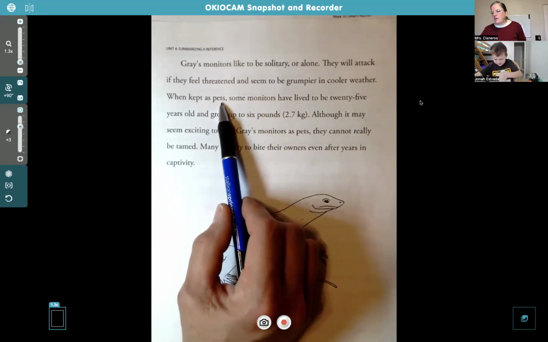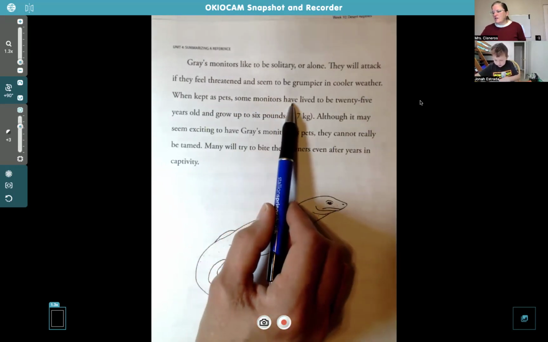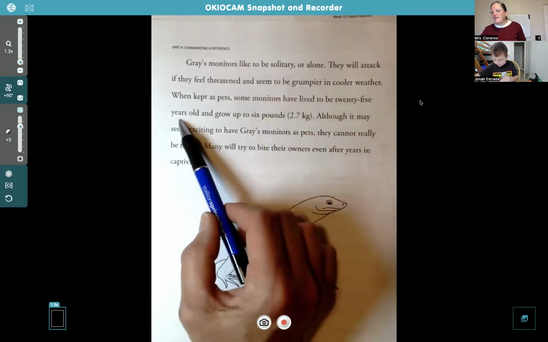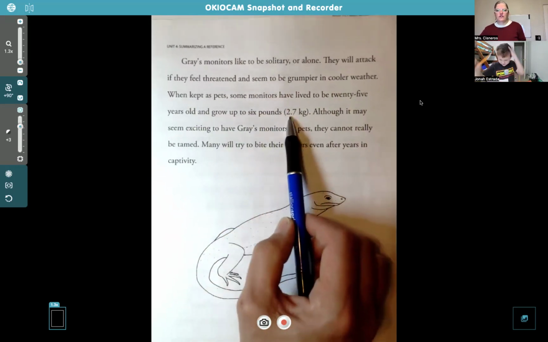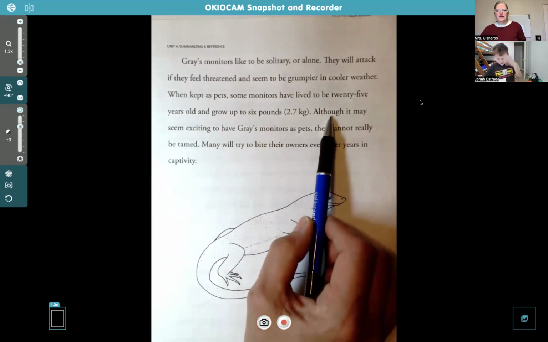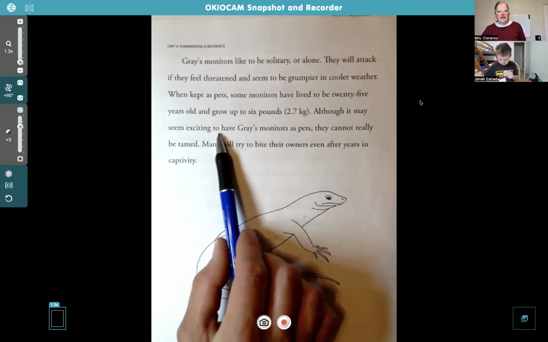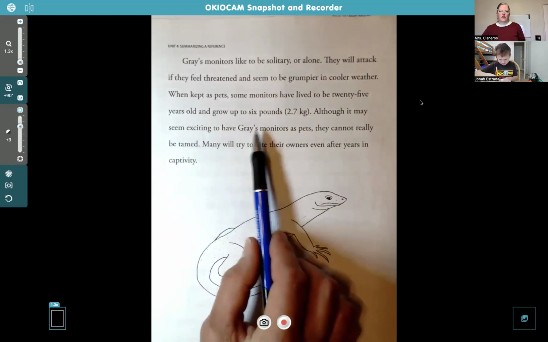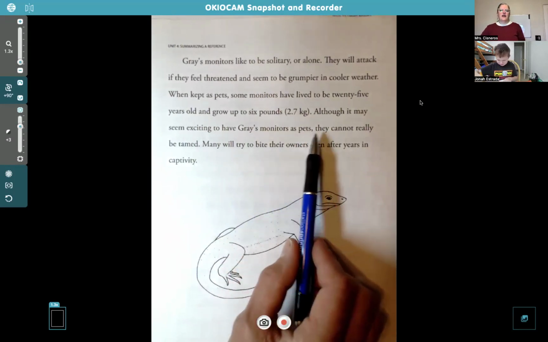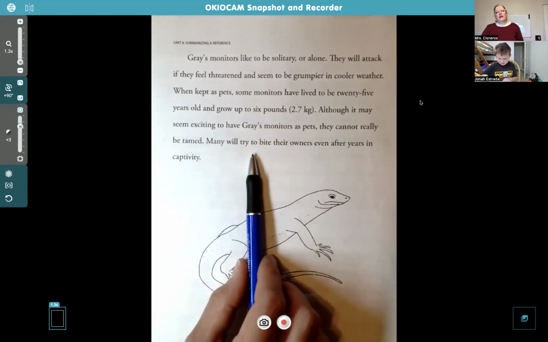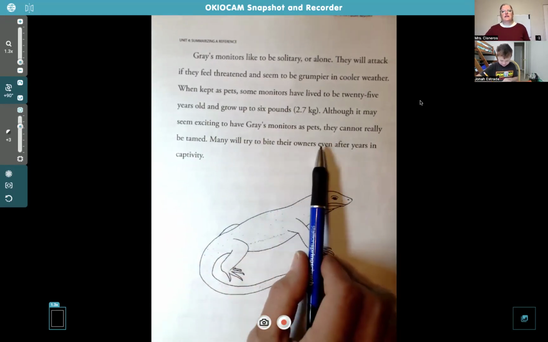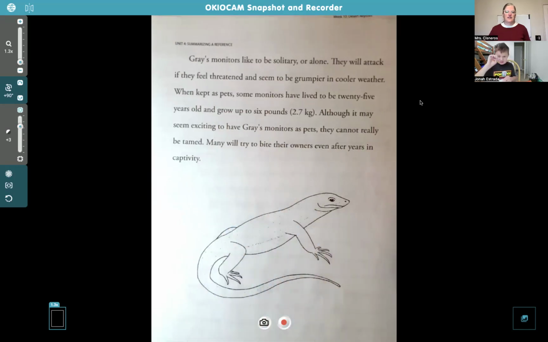When kept as pets, some monitors have lived to be 25 years old and grow up to 6 pounds, which is 2.7 kilograms. Although it may seem exciting to have Gray's monitors as pets, they cannot really be tamed. Many will try to bite their owners even after years in captivity.